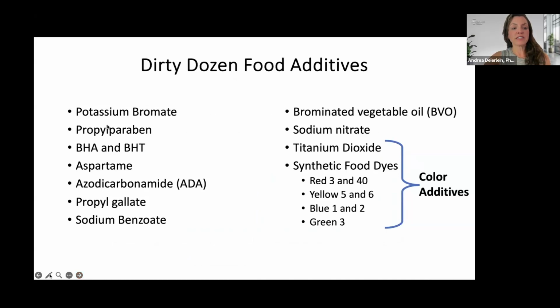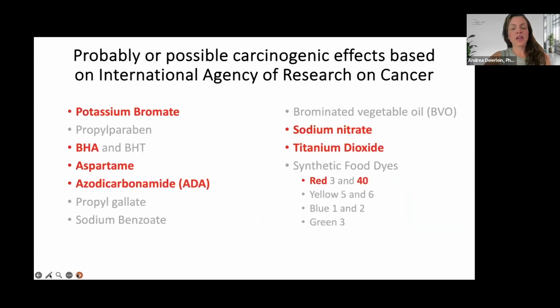You can see some of them might be familiar, especially red dyes or the different synthetic food dyes and color additives. Looking at this list, there are several of them that have been listed as probably or possibly carcinogenic based on the International Agency for Research on Cancer, the IARC classifications.